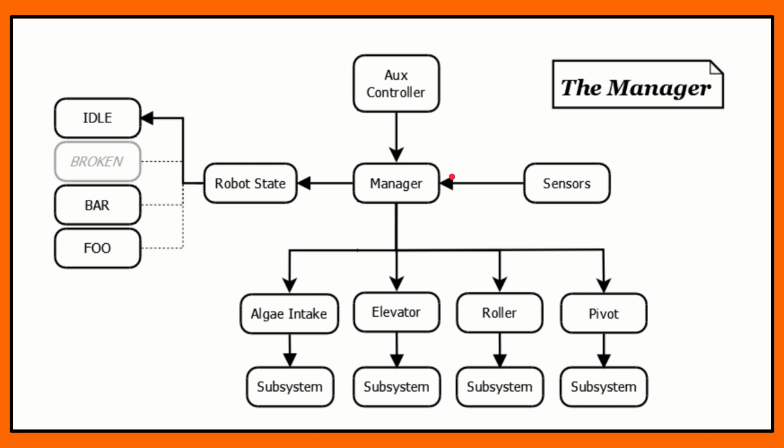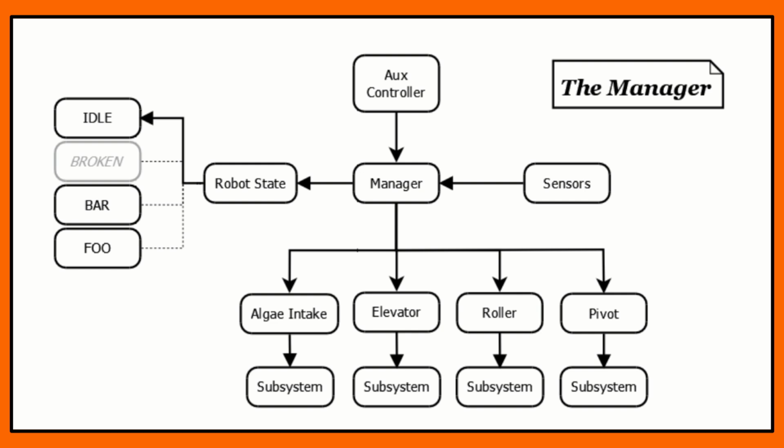So, just like the handler, we take in 2 inputs, but instead of being from the manager and sensors, it's from the aux controller and sensors. I've seen other teams call this the operator, right? The operator driver or the operator controller. We call it the auxiliary driver, and that's aux for short, just to clear that up.